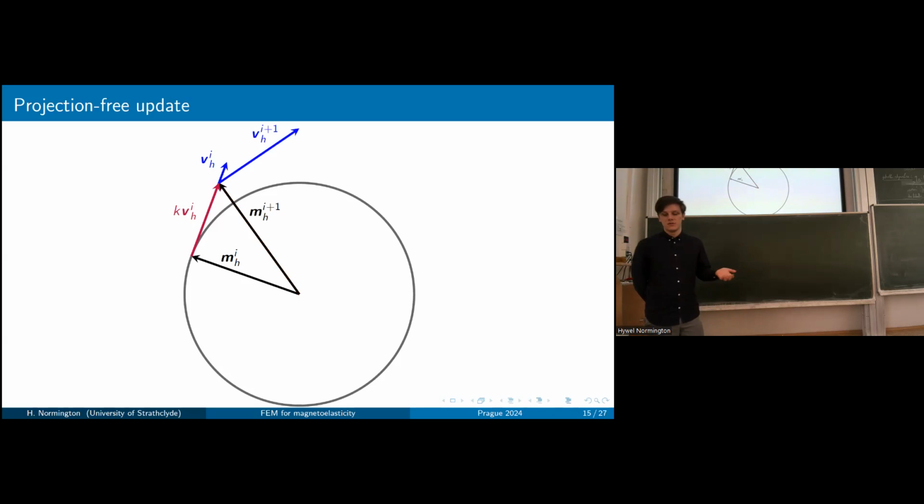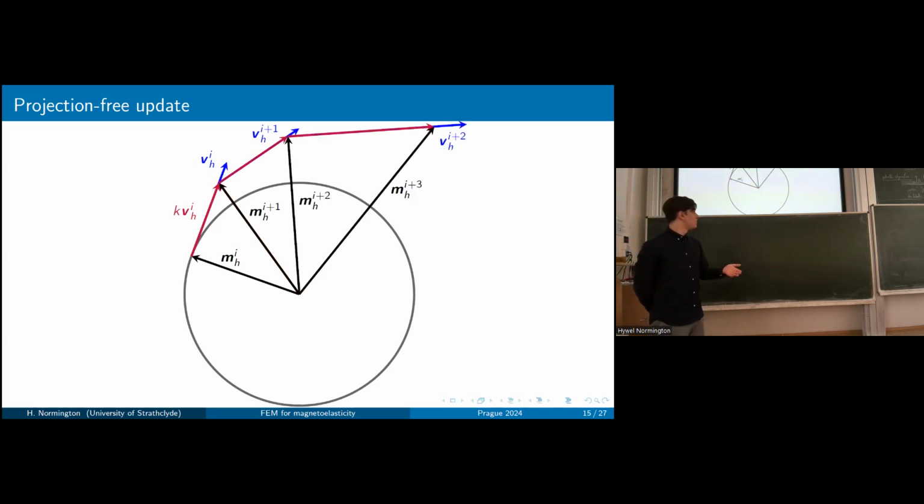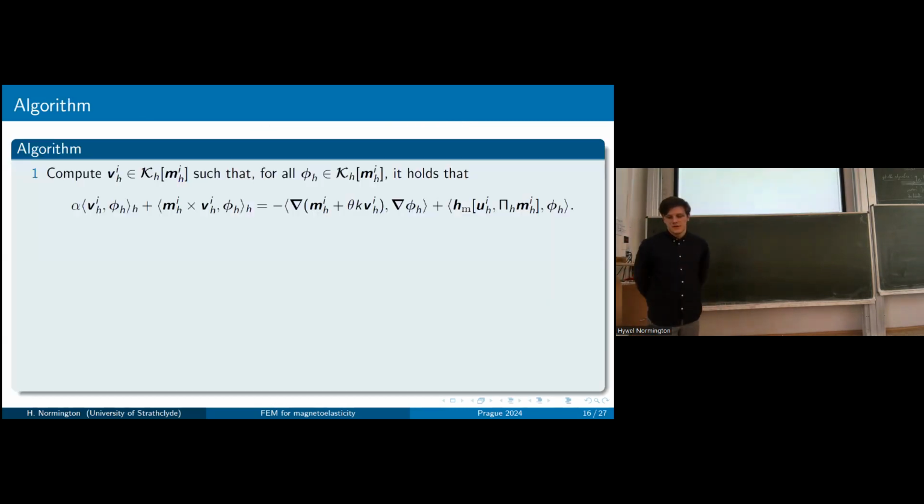And so as we continue doing this, m will slowly get away from the sphere, and we need to control this. So simply set your time step to be very small, and then m^(i+1) will be very, very close to where m^i was. Now, onto the actual algorithm itself.